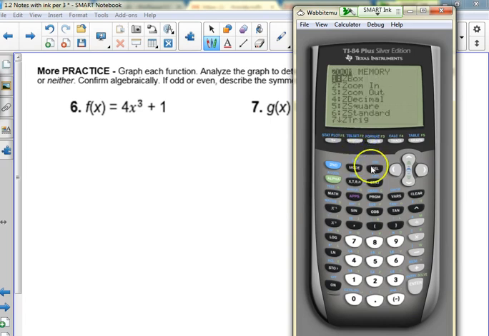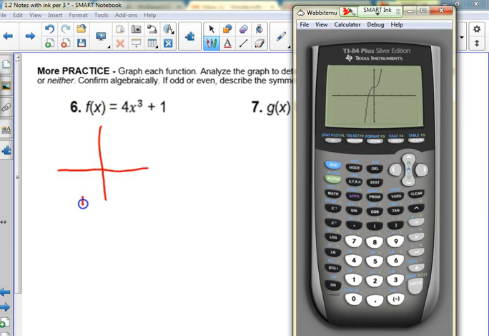I might switch to zoom decimal just because it gets it in a little bit closer. What do you think, though? Even, odd, or neither? It looks kind of odd, yes? But is it?